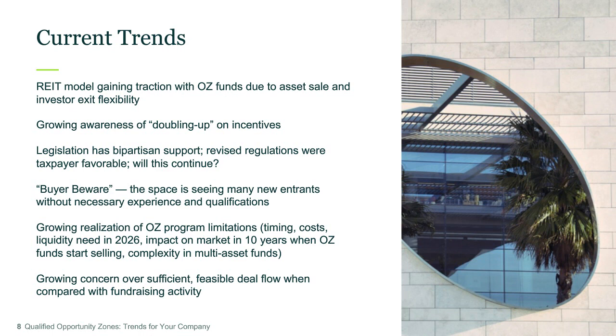We're also starting to see a growing awareness of doubling up on incentives. It's important to understand that historically a lot of the government incentives when it came to investing in low-income areas or areas in need were largely debt instruments or tax credit instruments.